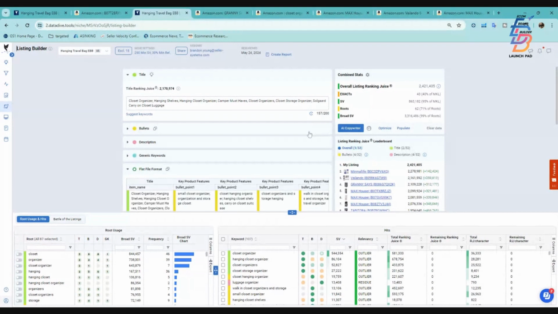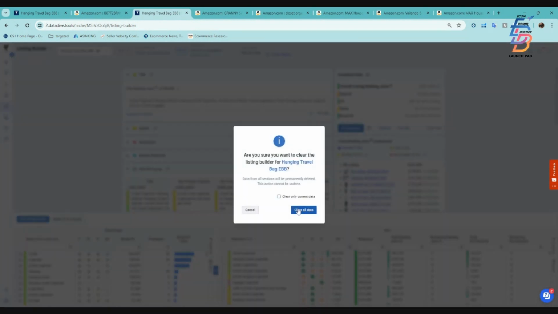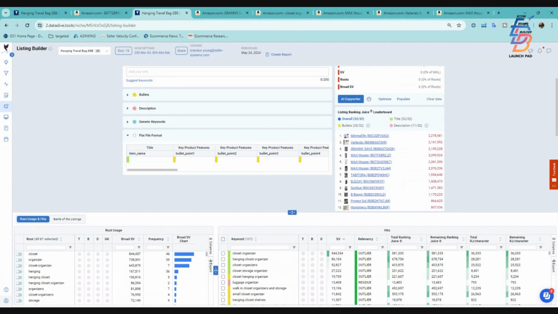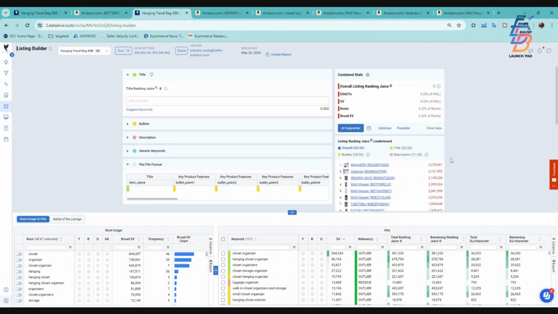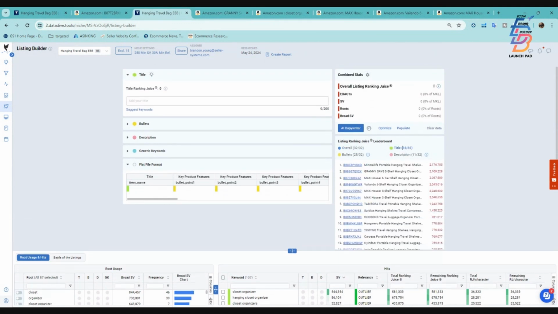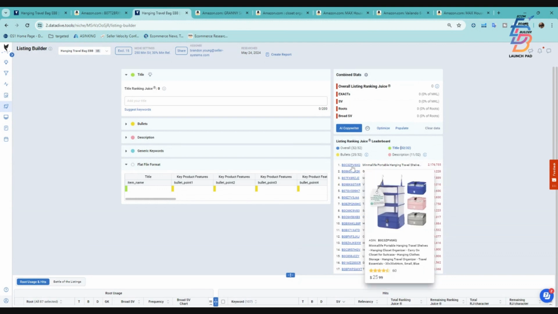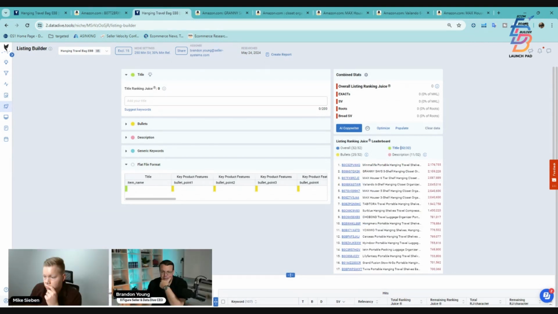Now, last time we wrote the listing this way, and the MKL looked different, but let's go ahead and clear this. So if we look over here first at the title, let's move these keywords out. This guy here has the biggest keyword juice.